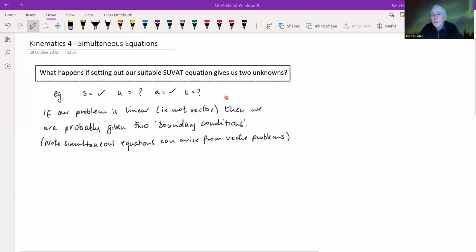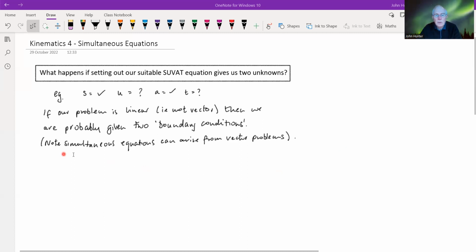We'll be able to reformulate that, and we'll get a second equation, and we will have those same two unknowns, and therefore we can resolve it because it's two equations in two unknowns, simultaneous equations. So that's the basic idea. The conditions that allow us to formulate these equations we sometimes call boundary conditions.